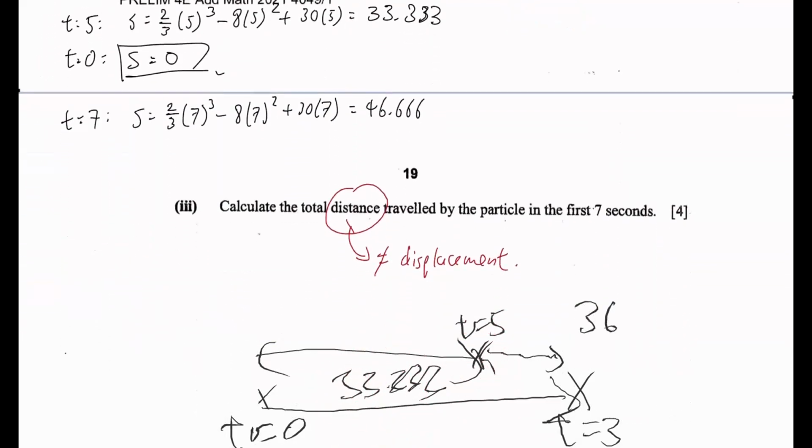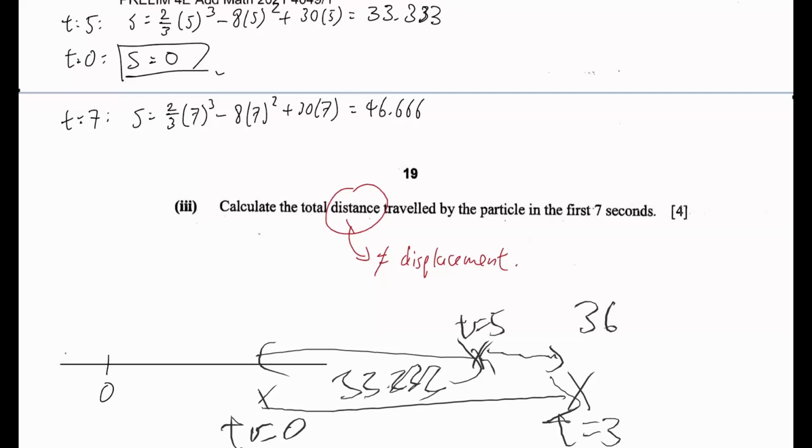So then you move back this way. So that means from t equal to 5, you turn which direction? Away from origin. Okay. So I think maybe it's, in the first 7 seconds, right? Oh, that was part 3.